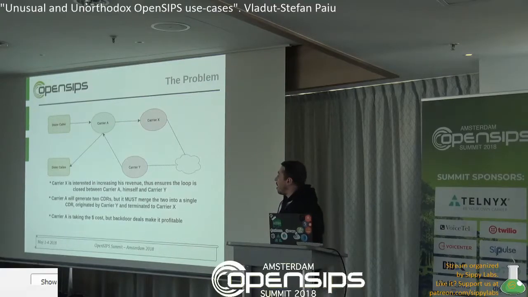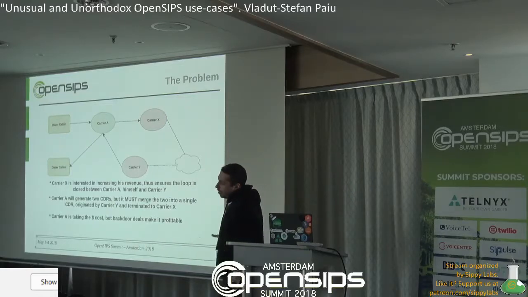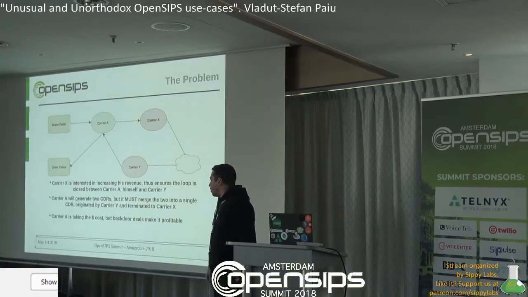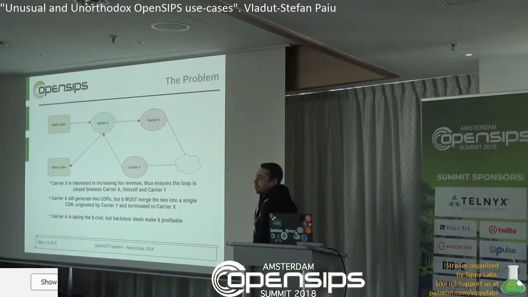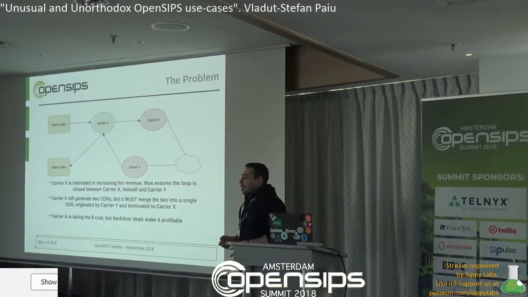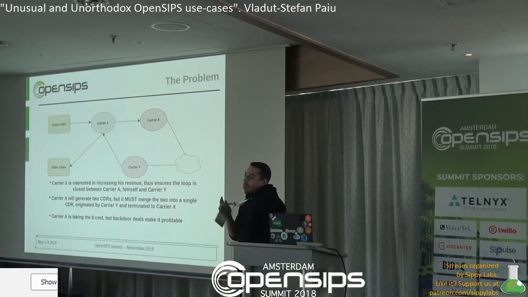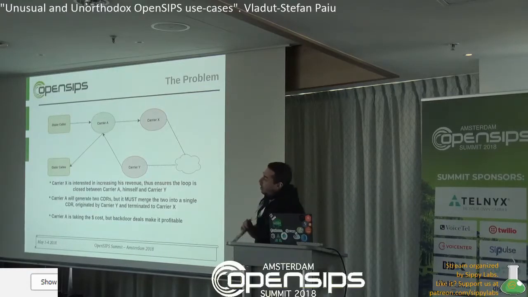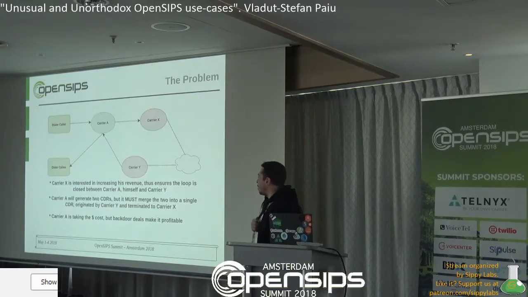I got to this scenario that they were targeting. So basically, you have these three carriers that sign a backdoor agreement, where carrier X is interested in increasing his revenue. Whether this is because the account manager there is bonused on revenue, or because carrier X wants to reach some targets where they want to do a bigger revenue, doesn't really matter.